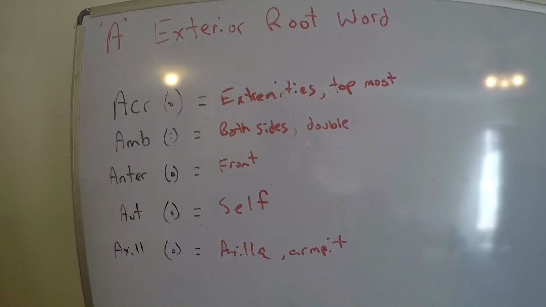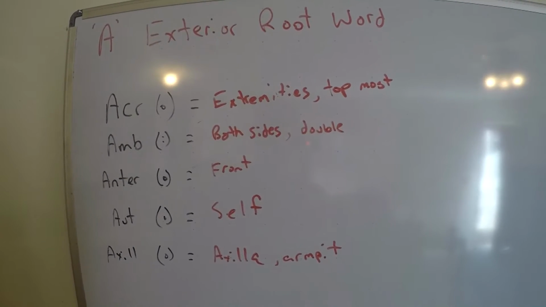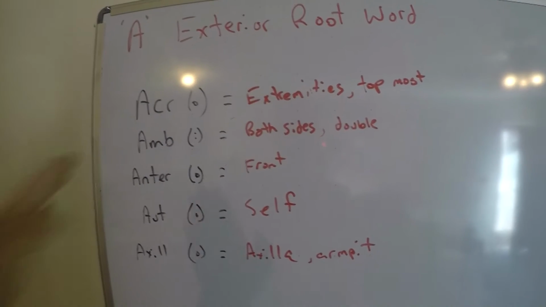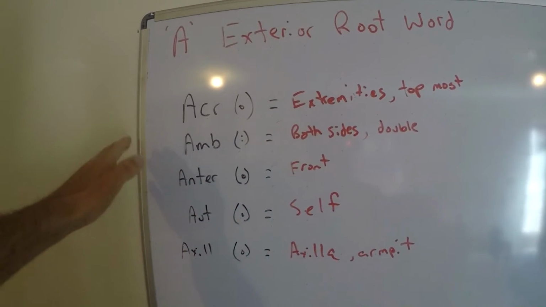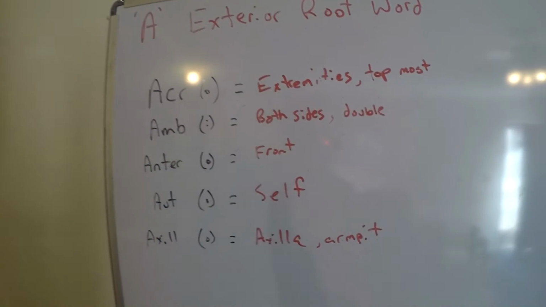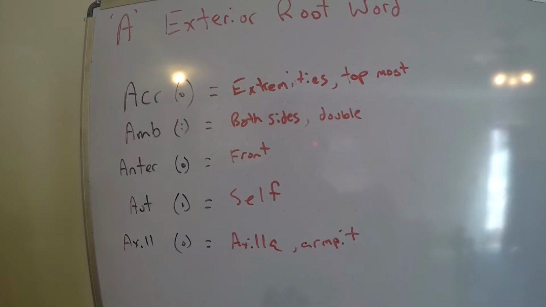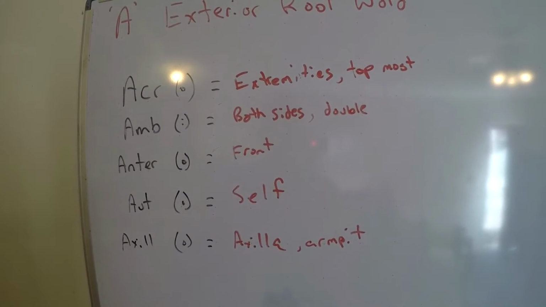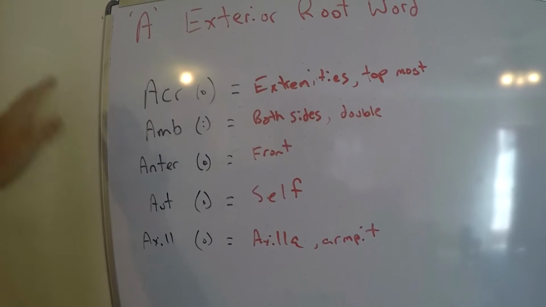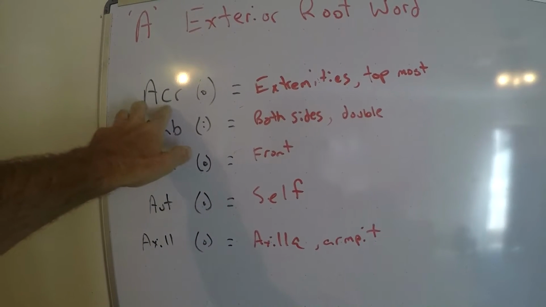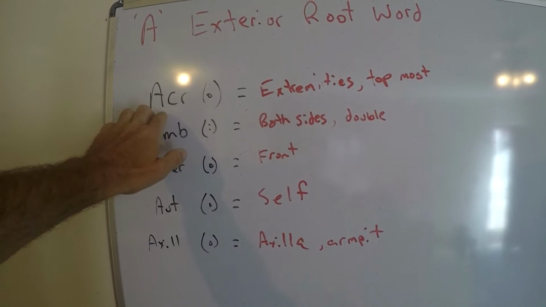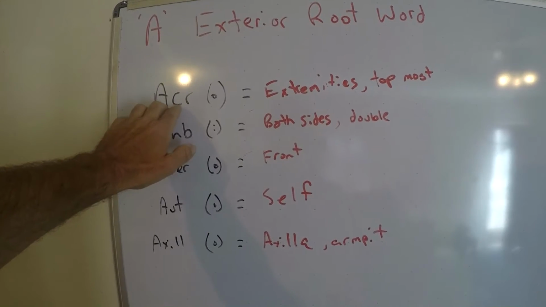Now keep in mind, I was going to sit here and give you some strategies on how to remember this, but I would pause for a second and just encourage you to take one of these root words and make your own meaning.